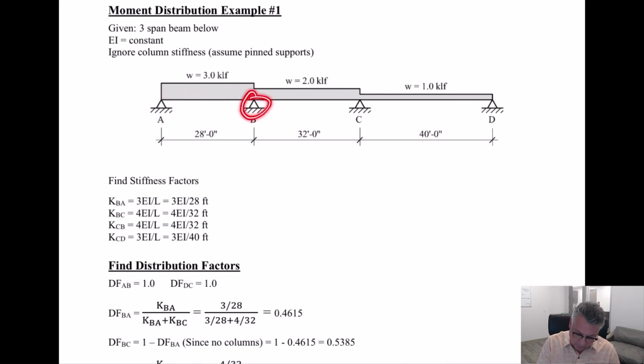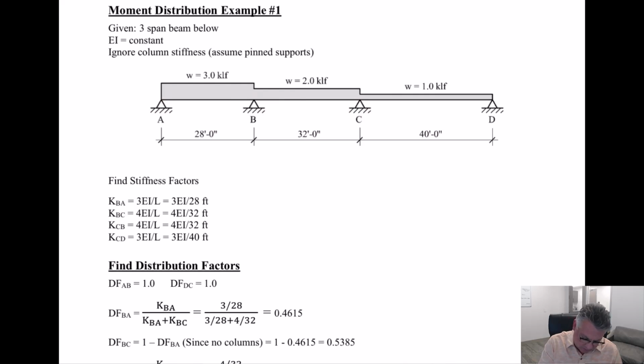Now, these are all pins, but that doesn't make the end of the beam pinned. The far end being pinned means that when it's all over, we know that that moment's going to be 0. So if at the far end of wherever we are standing and looking, that far end we know is going to be 0, then we use 3EI over L. It will hasten our moment distribution.